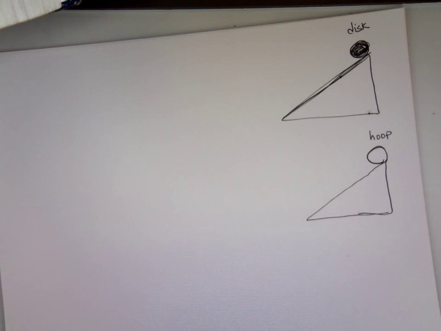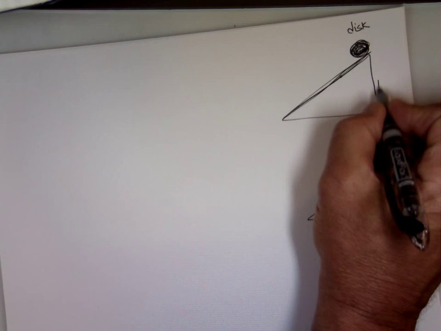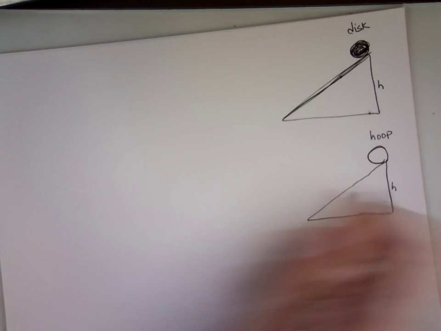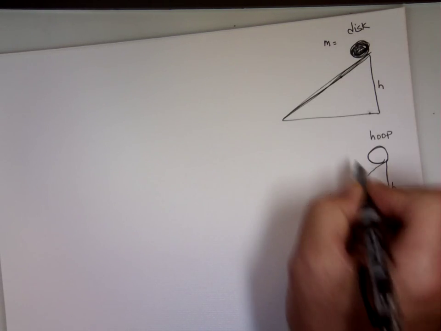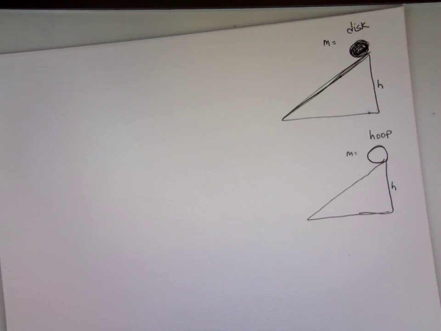Now, does the disk reach the bottom before, after, or at the same time as the hoop? That's what we try to find out. Let's say the height is h. The mass is the same for both. We don't know what the mass is, but assume they both have the same mass.